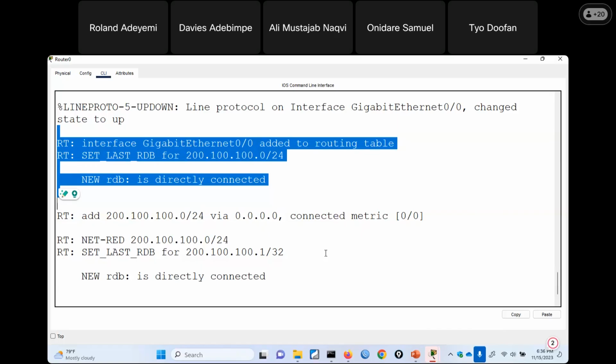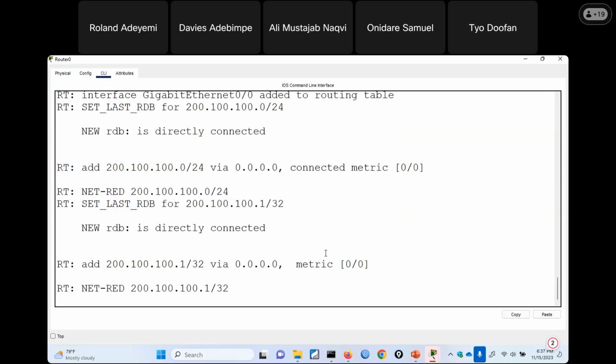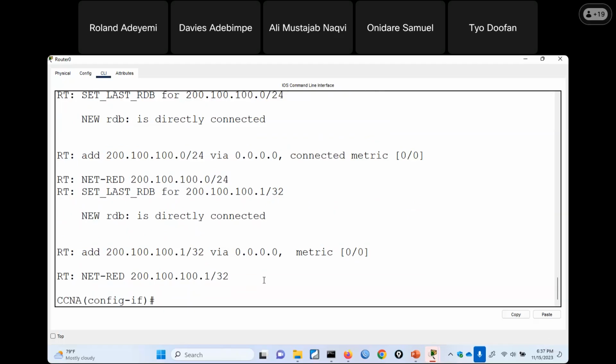It's all right. So you can see the interface is being added, and once the interface is added, what is added mainly is the network address that interface belongs to. Even the IP address we put on that interface, the G0/0, is also added.